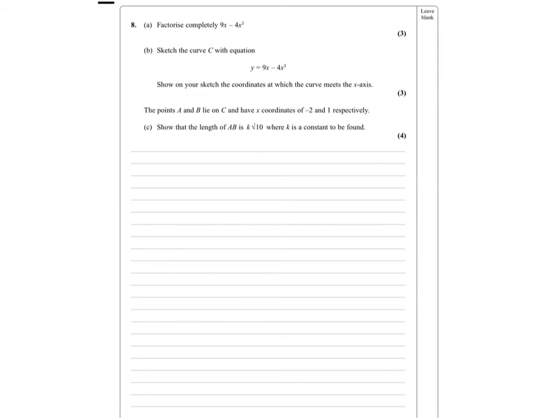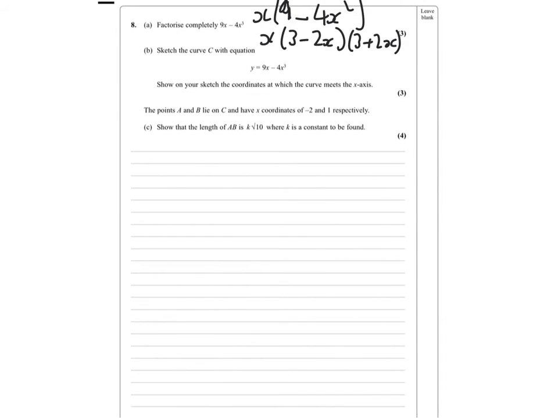Question 8. We're going to factorise completely. So I'm going to take out an x, and I'm going to need 9 minus 4x squared. Alright, now that, hopefully you've noticed, is a difference of 2 squares, (3 minus 2x)(3 plus 2x).